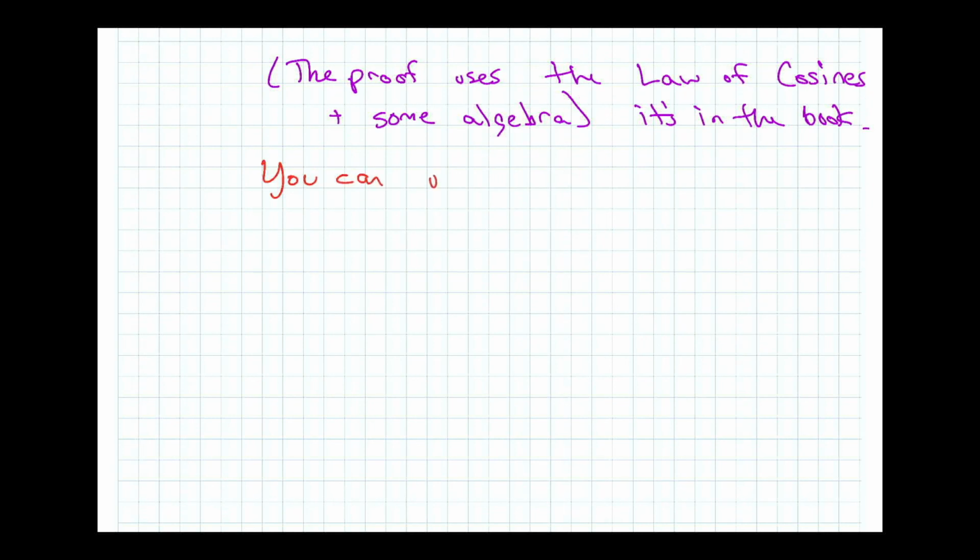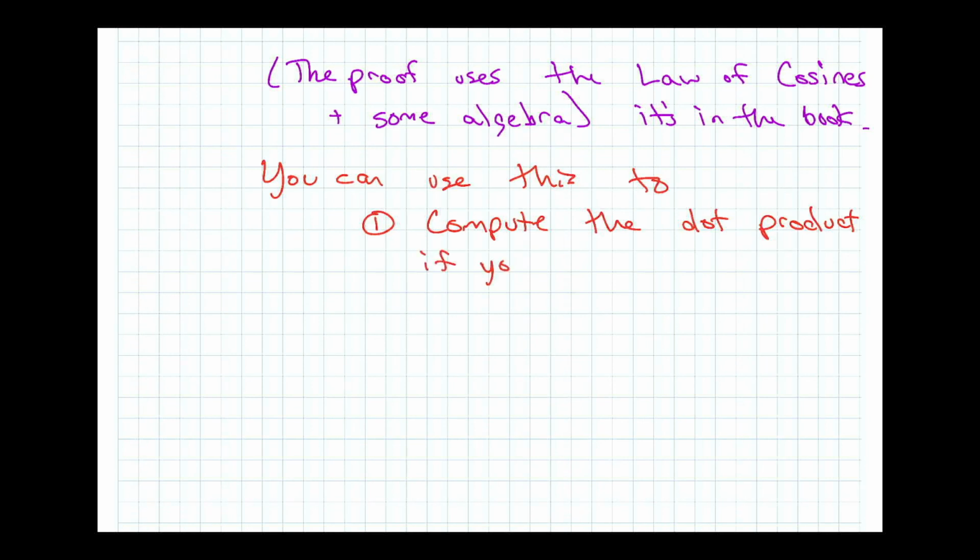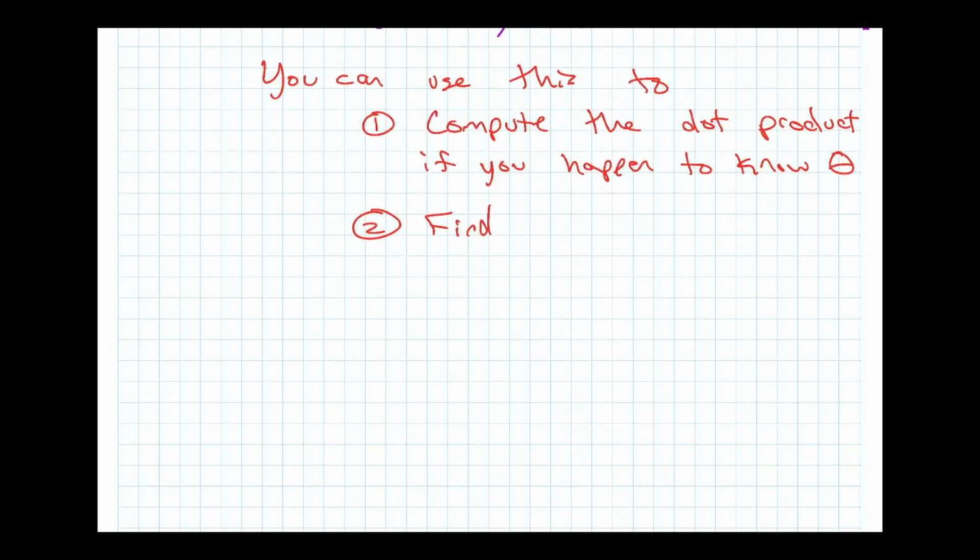You can use this to, number one, compute the dot product in a different way, if you happen to know the angle theta, or if you don't know theta, maybe you can use the formula to actually solve for theta using algebra. You can actually use it to find the angle theta between two vectors.